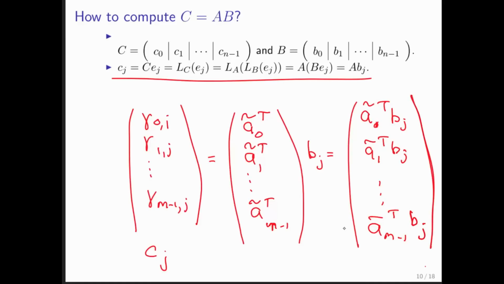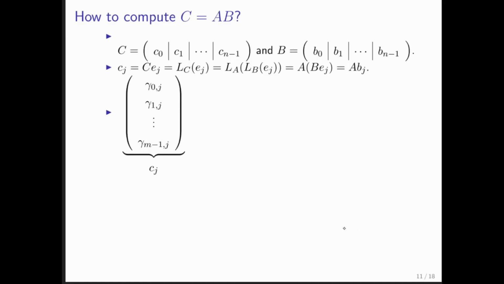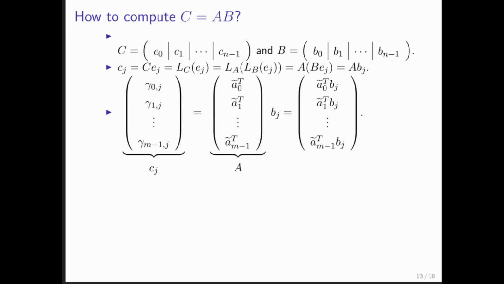Let's take that and summarize that. And if we now look at a typical entry gamma sub ij, the ij element of matrix C, what we now find out is that that's just the dot product of the ith row of A with the jth column of B.